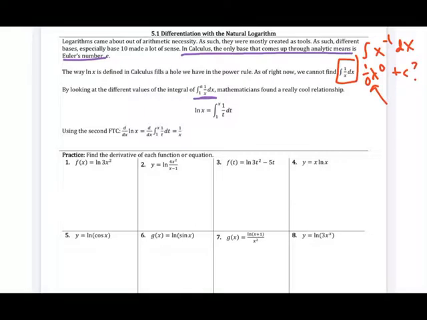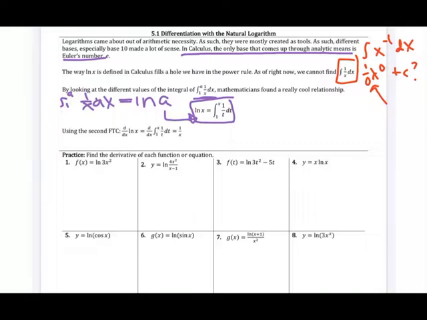And what they noticed through trial and error and test analysis is that graph was actually identical to the graph of natural log of a. And since we can replace a with any given variable or number, we could come up with that natural log of x is equal to the integral from 1 to x of 1 over t dt.